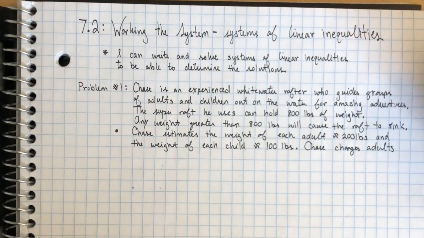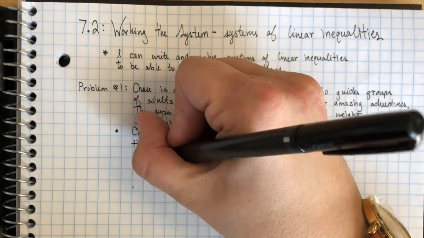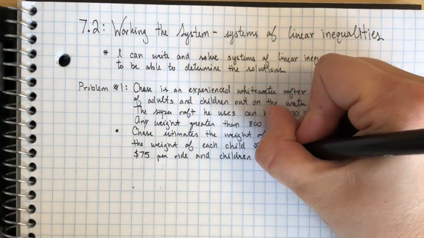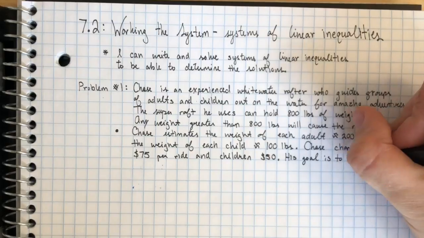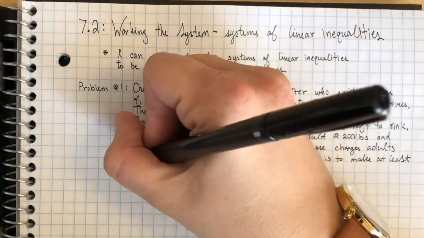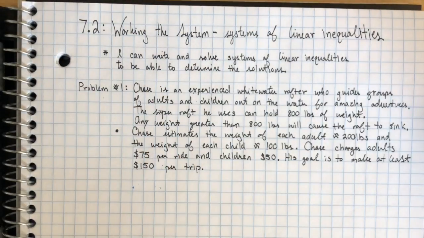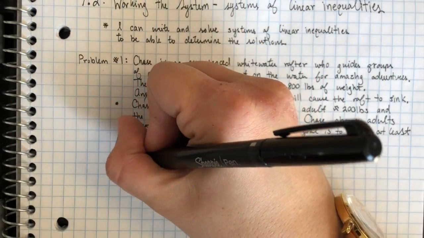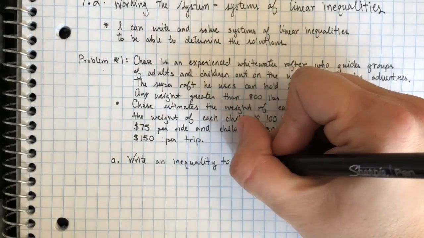We also know that Chase charges adults $75 per ride and children $50. And his goal is to make at least $150 per trip. So we have a lot of information here talking about really the weight of the raft and also the amount of money that Chase is going to make by hosting these whitewater trips.